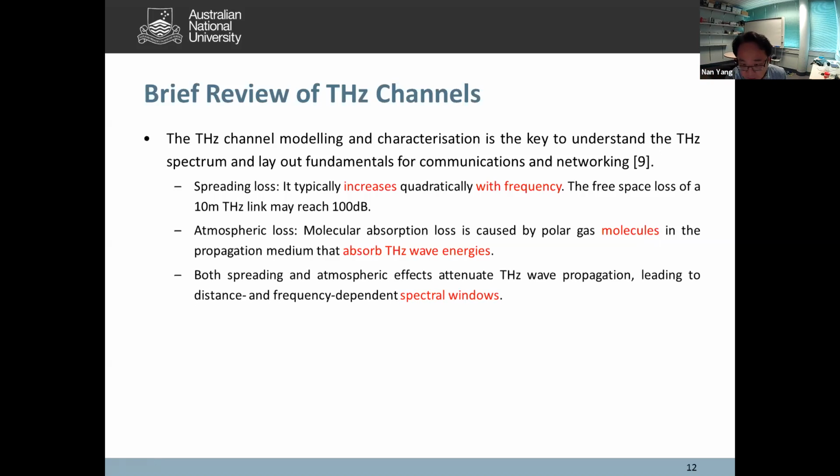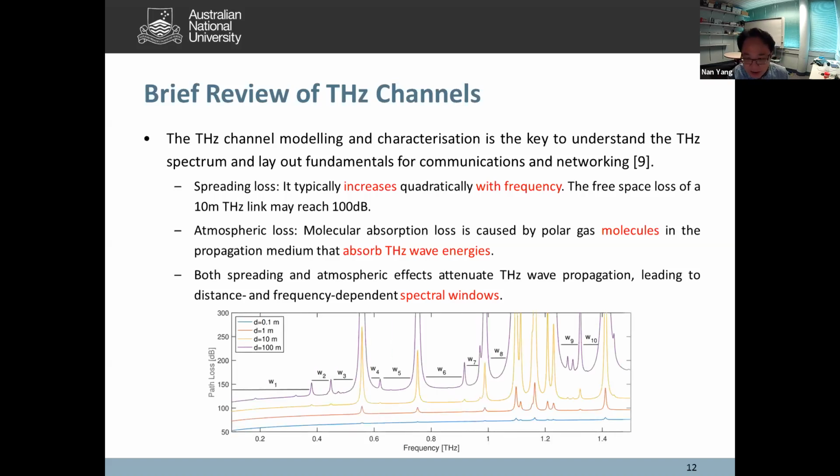The spectrum windows are a property that we have witnessed in terahertz propagation, and they depend on the distance and the frequency. So how does it look? Here I provide a figure. In this figure, you can see that we plot the path loss, given in dB, against the frequency, ranging from 0.1 terahertz to 1.5 terahertz.